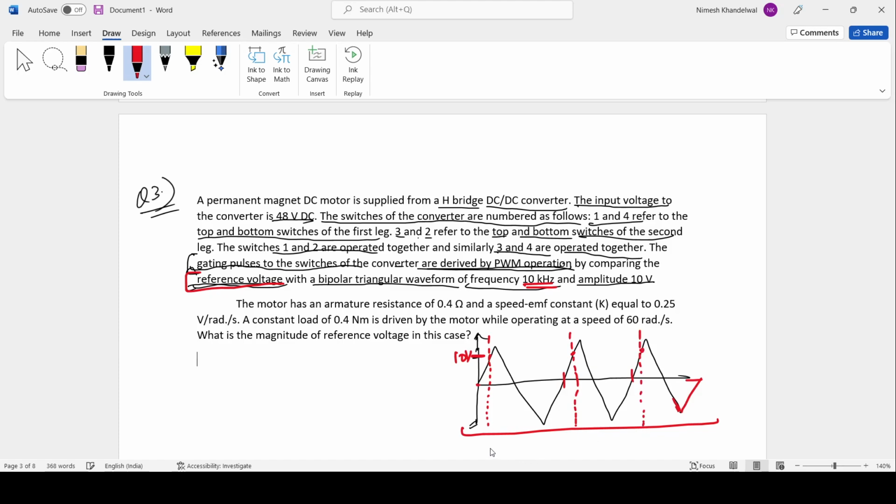Essentially this gives us an idea of the time period. So when we got the signal, or at what voltage we got the signal, we can turn any switch on or off based on when we got these signals.